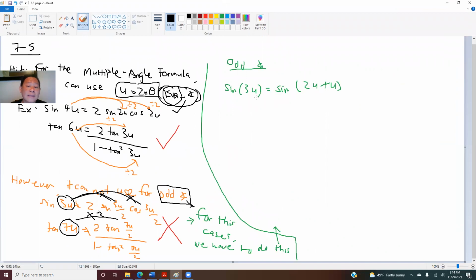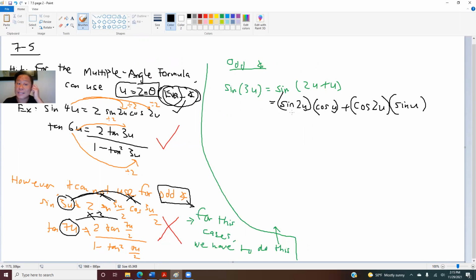sine 3u in this case is sine of 2u plus u. And this is where you use your 7.4, which is sine 2u times cosine u plus cosine 2u times sine u. This is what you did in 7.4: sine u times cosine v plus cosine u times sine v.